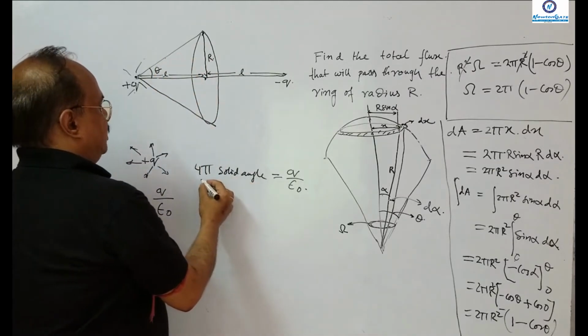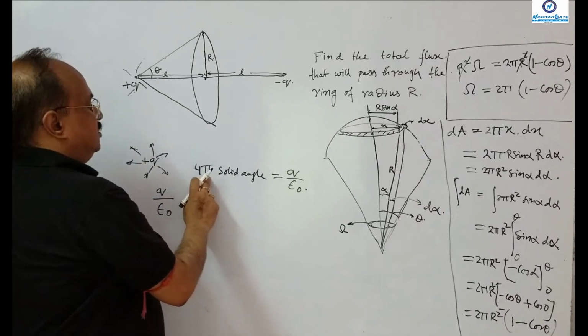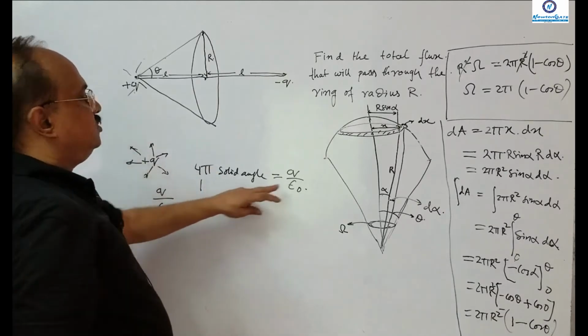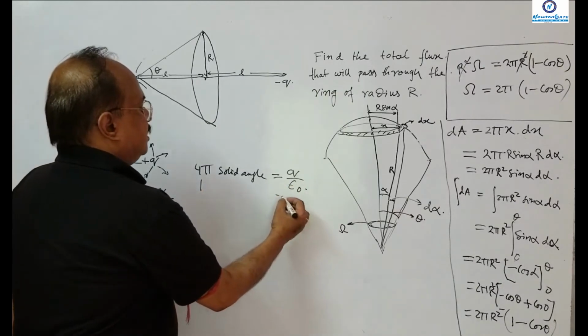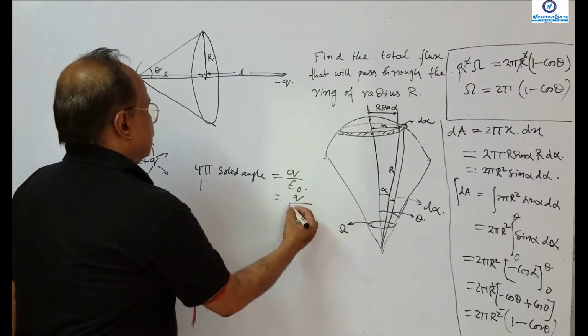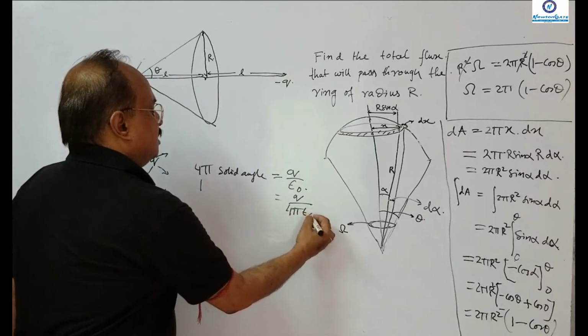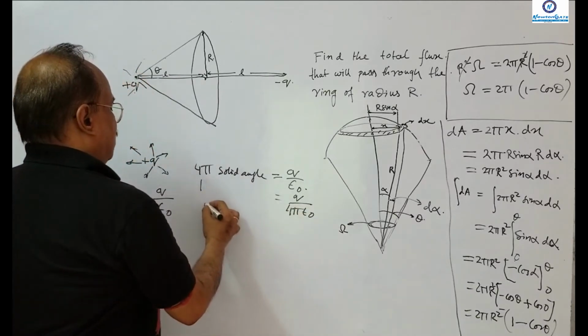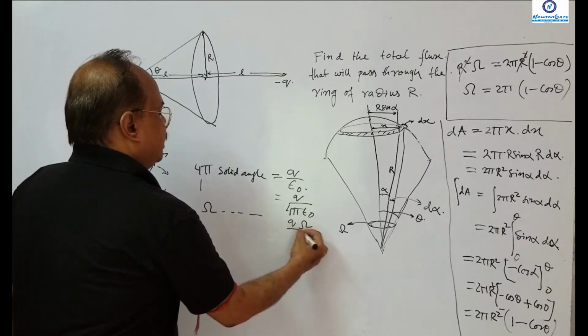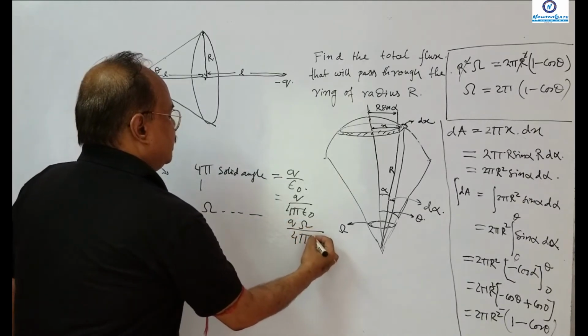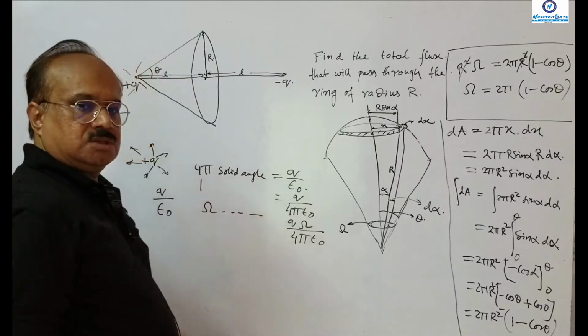So for 4 pi solid angle the flux is Q by epsilon naught; for one unit it will be Q by 4 pi epsilon naught, and for our solid angle omega it will be Q omega by 4 pi epsilon naught.